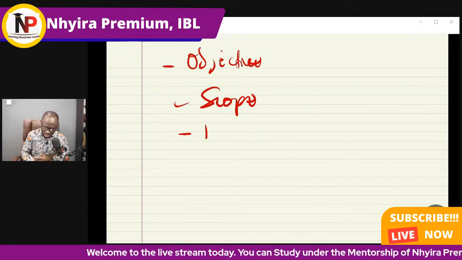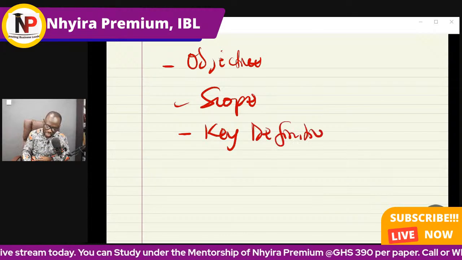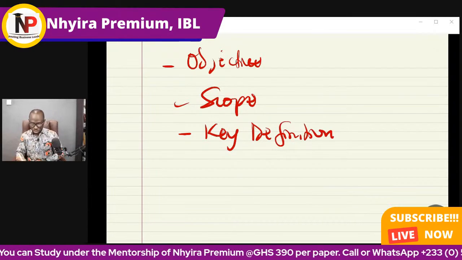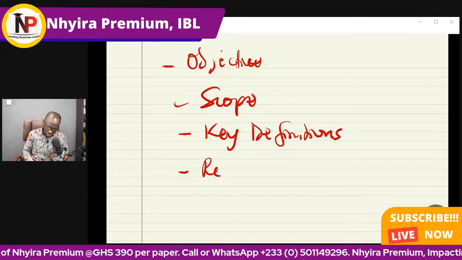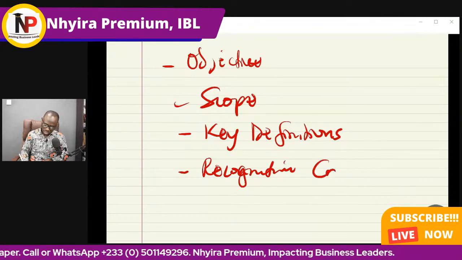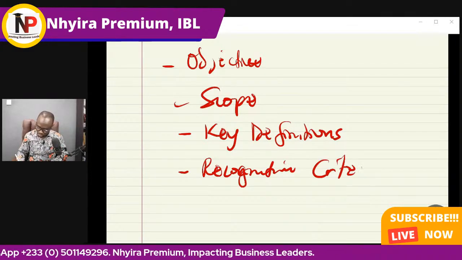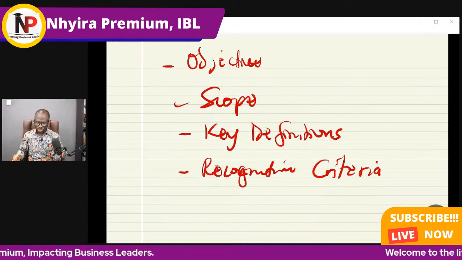Number three, you need to understand the key definitions that the standard has. Then you need to look at the recognition criteria for the standard, not all standards, but we'll get into this also in a moment.